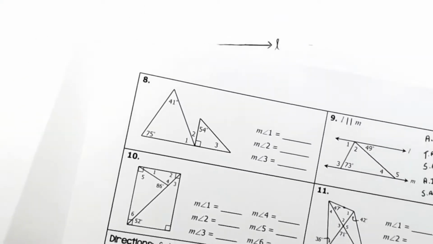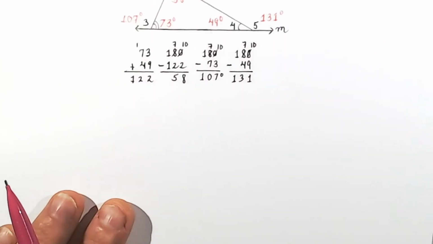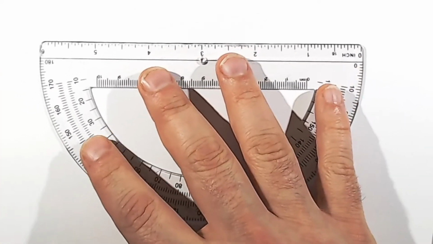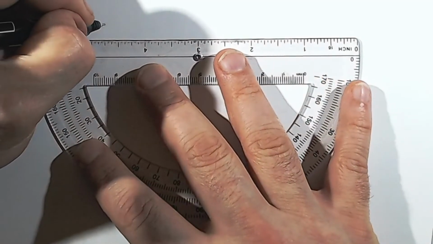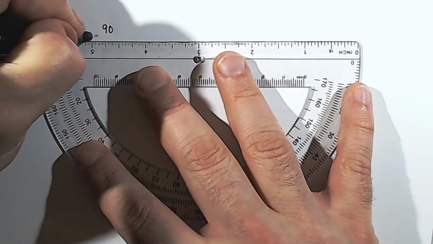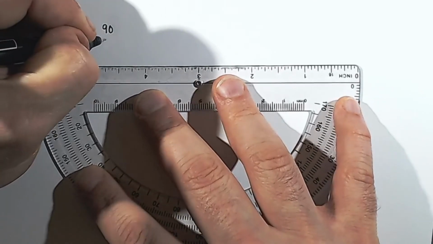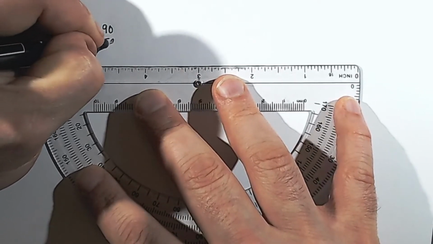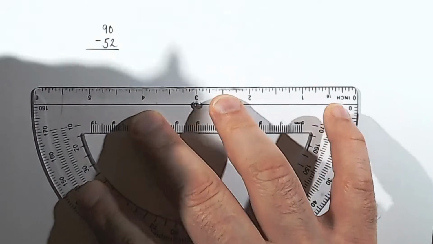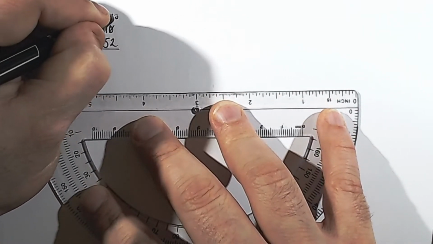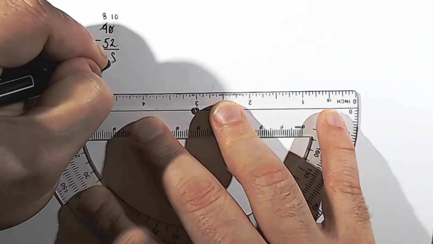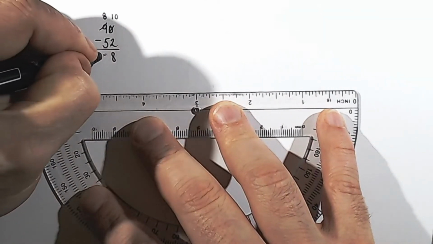So if we go to our work surface, here we don't need this picture anymore. If we go to our work surface and we subtract 52 from 90, we'll have angle 6. 9 becomes 8, 0 becomes 10. 2 from 10 is 8, 5 from 8 is 3.